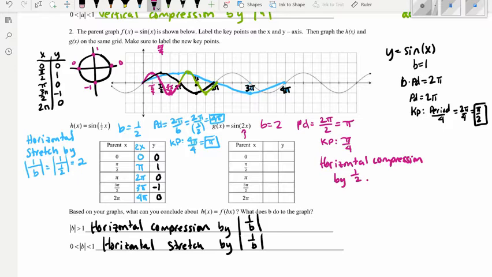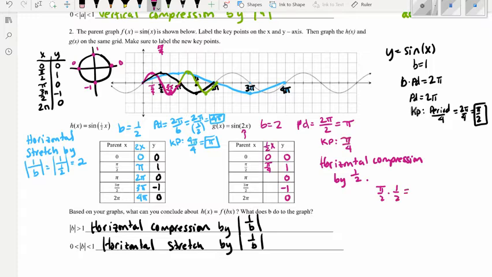So now notice that we were doing 1/2 our parent graph values. The y values stayed the same, 0, 1, 0, -1, 0. But our new x values were 1/2 times 0, which is 0. 1/2 times pi over 2 would be pi over 4, because you're doing pi over 2 times 1/2.